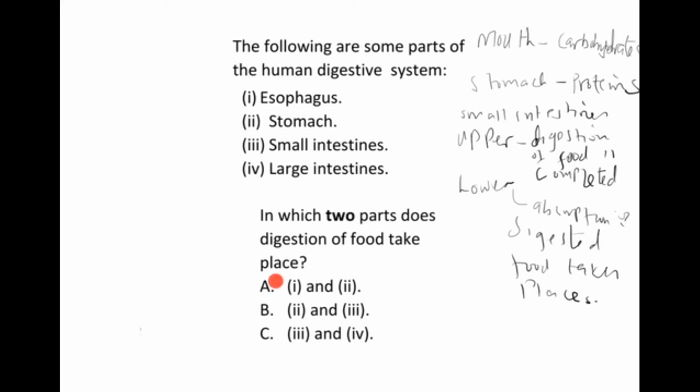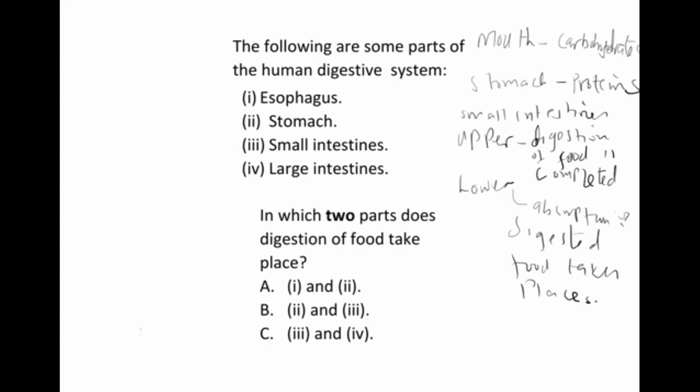So choice A, we are removing it because of Roman 1, and also choice D, we are removing because of Roman 1. Then we have B, whereby we have Roman 2, which is stomach, and 3, which is small intestine.